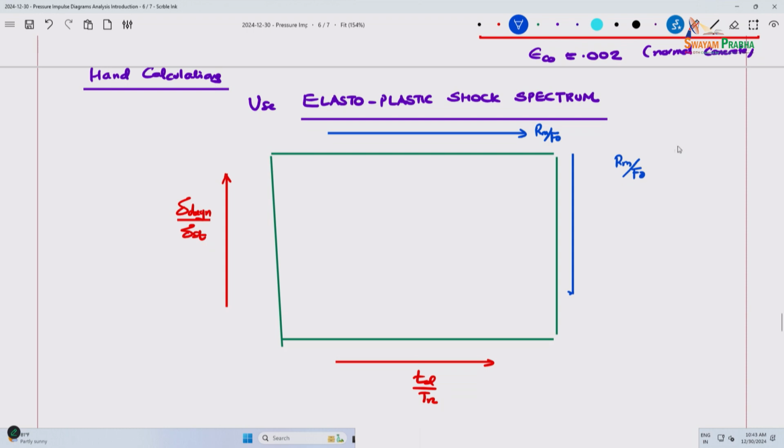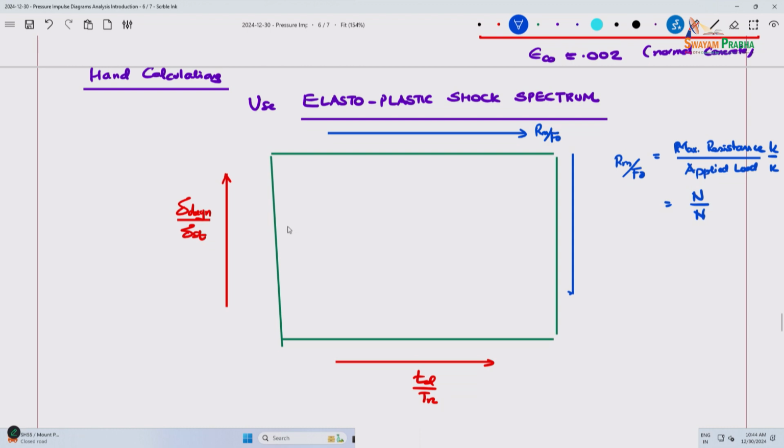And Rm is the maximum resistance divided by the applied load. It's a non-dimensional ratio, a non-dimensional quantity.